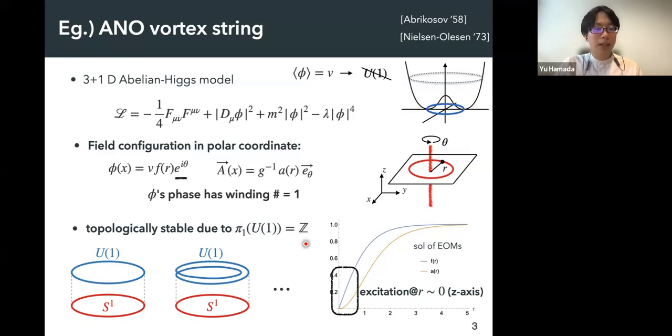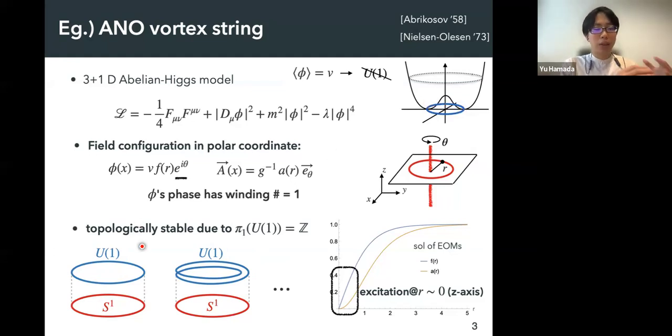So this means that there exists a one-to-one correspondence between S1 and U1. Here, this S1 corresponds to this circle on the XY space, and this U1 corresponds to this circle at the bottom of the potential, or let's say this vacuum manifold.